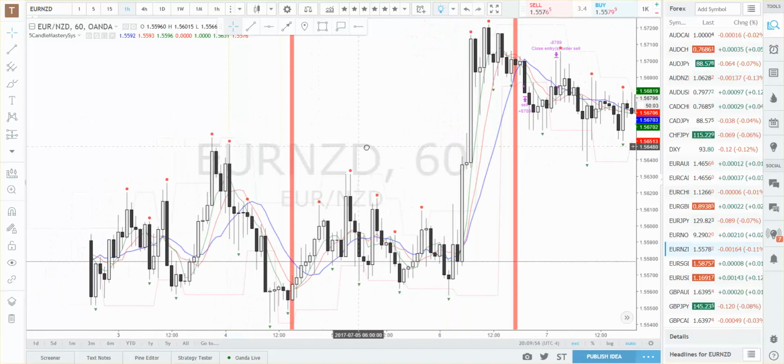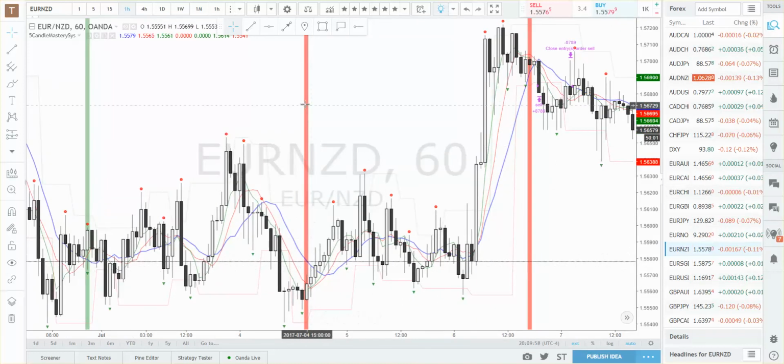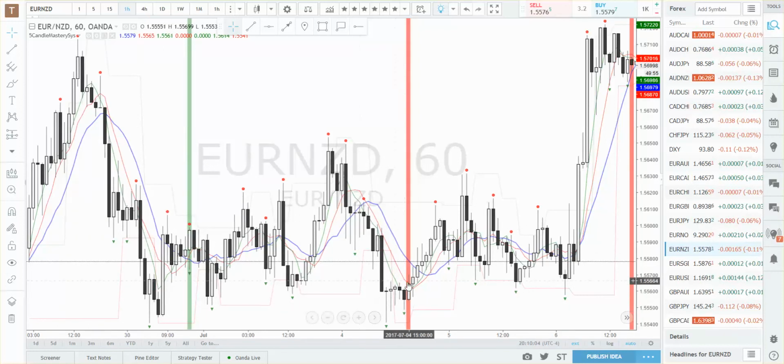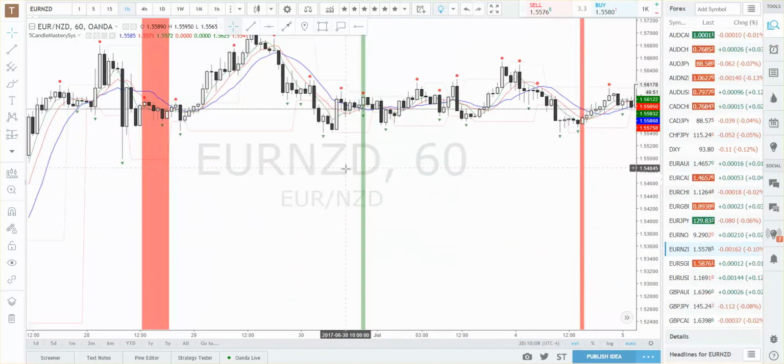There are going to be instances where you will only see the red line, and what that means is the setup was there but it never triggered. In these cases, the setup just never triggered. You never got that break above, you never got that break below.